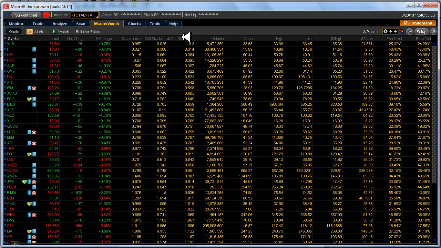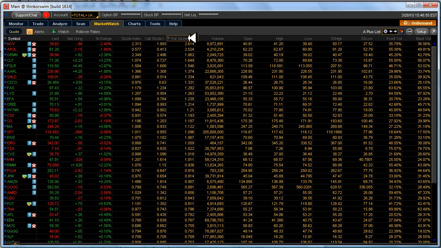So if you're wondering who's on the bad side of the market, well, it looks like there's a lot of puts being traded in NOV, whether they're being bought or whether they're being sold. Well, they're being bought and sold, basically.